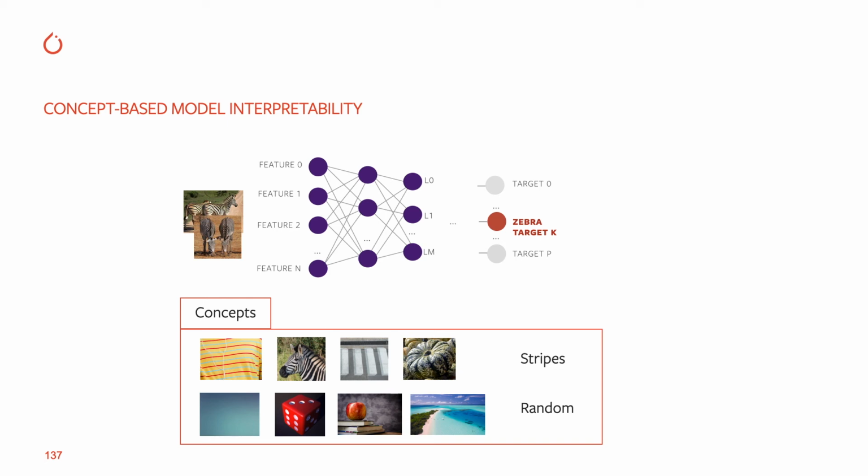However, we still don't know how exactly our model made that decision. We don't know what part of the images were important for the prediction. Let's assume that we have predefined sets of concepts such as stripes, and we want to know whether the stripes on zebra played any role in predicting zebra.